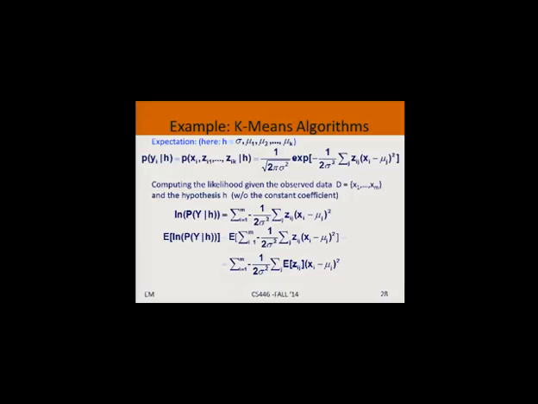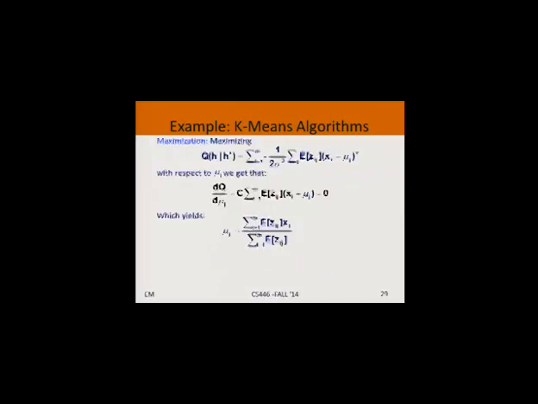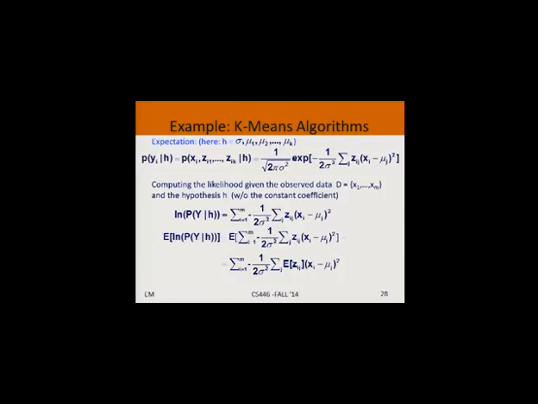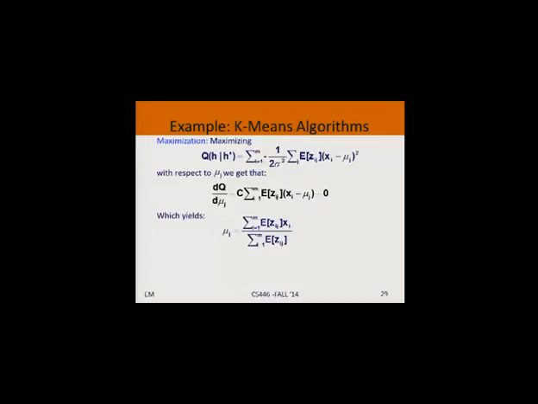Basically I'm done. All I need to do now is differentiate it and figure out the values of the mu j. So we're going to differentiate this function, the one that I had here, relative to the mu j's.